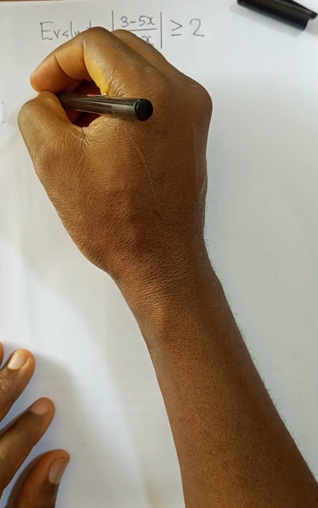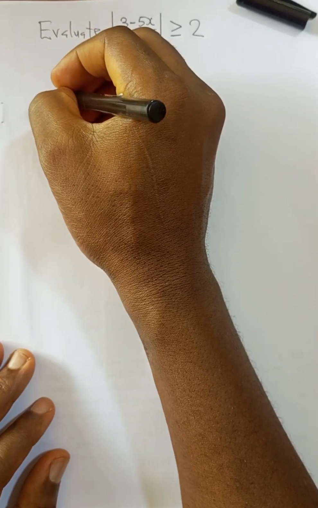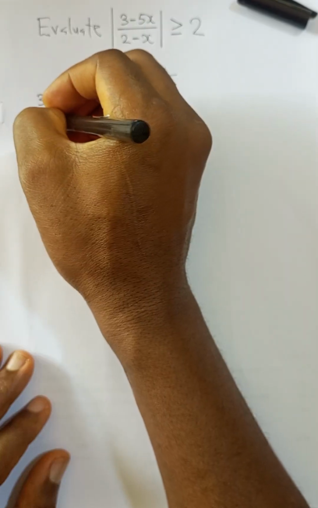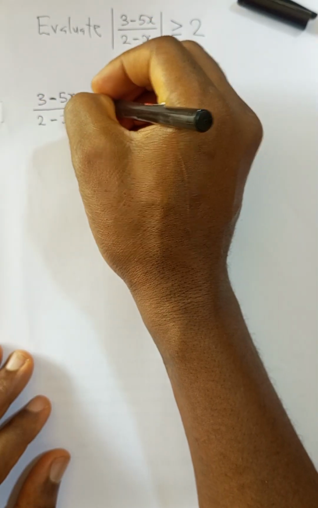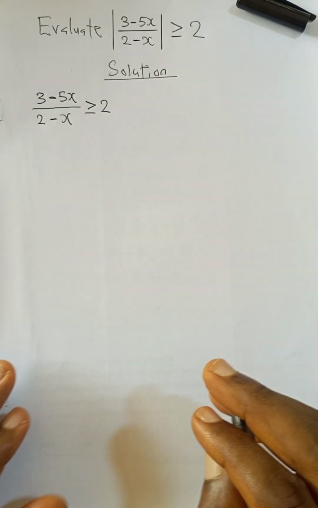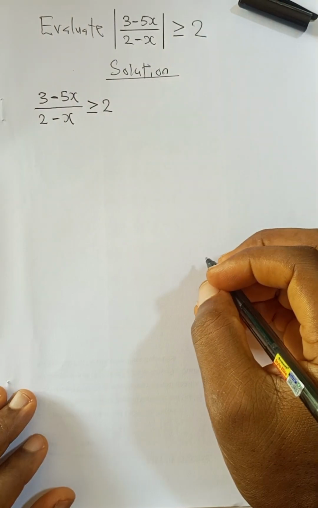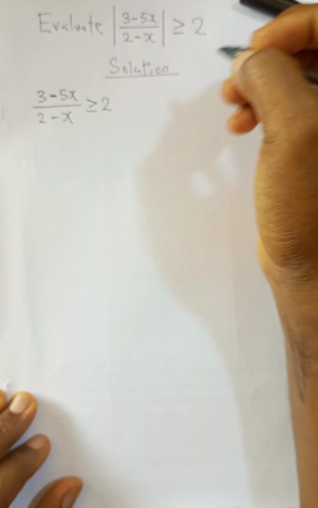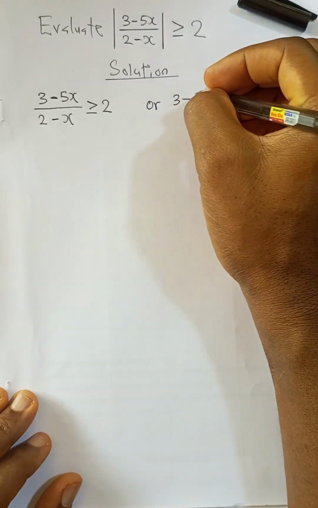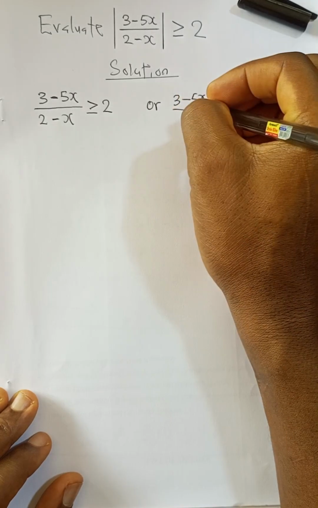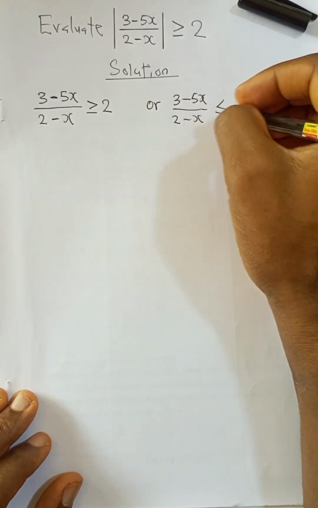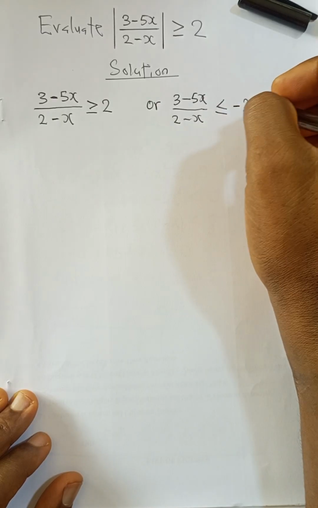So we have here (3 minus 5x) over (2 minus x) is greater than or equal to 2. That is the first possibility. Remember, the next possibility is (3 minus 5x) over (2 minus x) is less than or equal to minus 2.